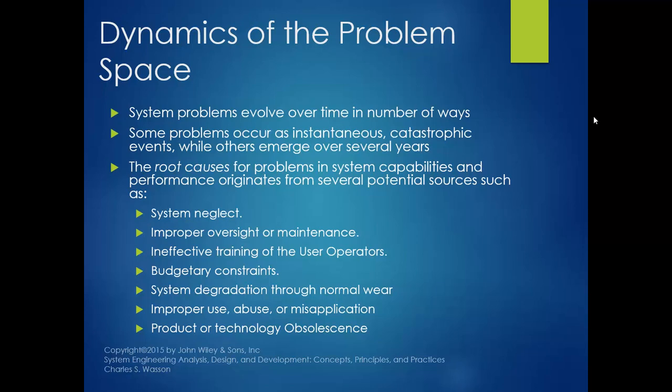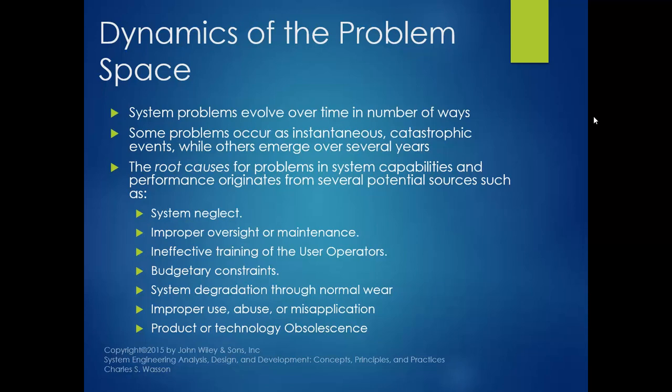In addition, the system degradation through normal wear and tear, which will be expected and might happen over years, but will happen faster with, of course, improper maintenance and neglect or negligence. And then the product or technology obsolescence, which might affect system integration with newer components or other systems in the organization.